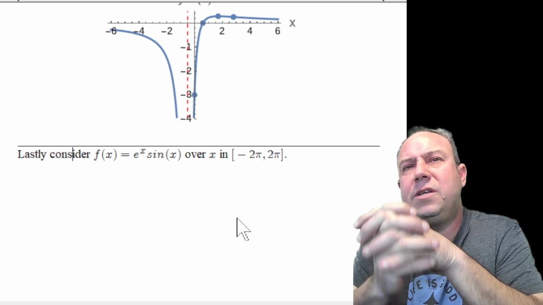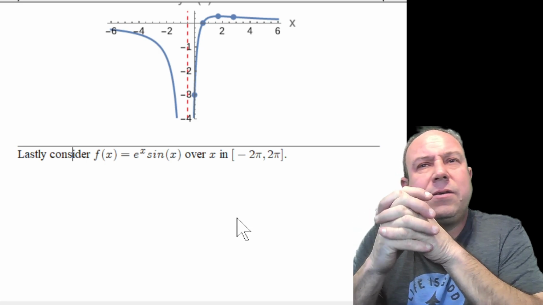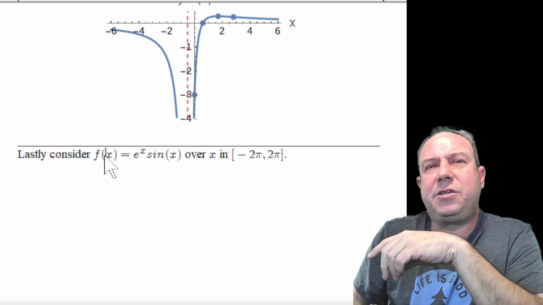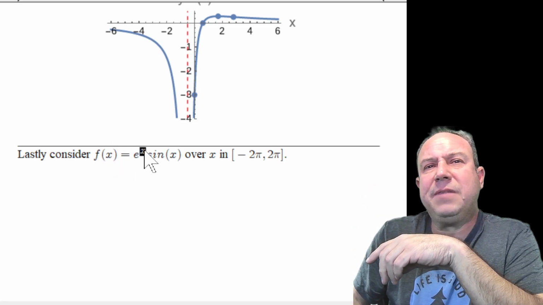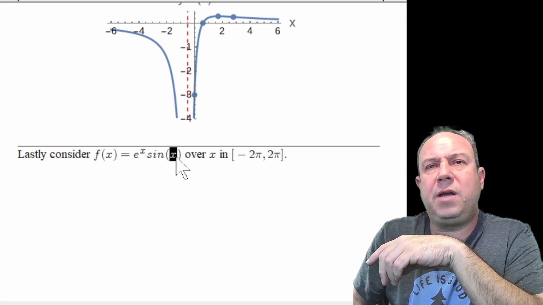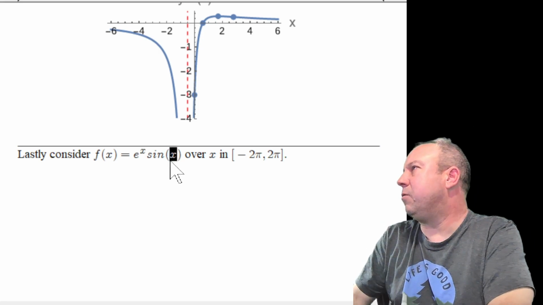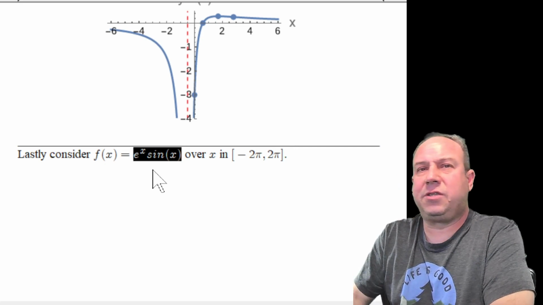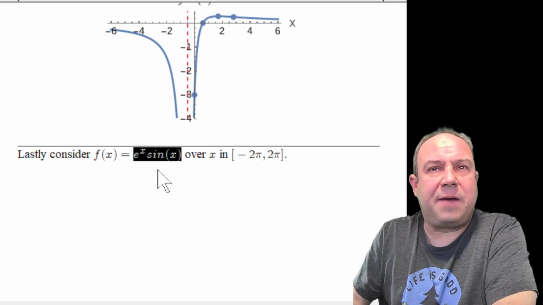And what we'll notice is our y-intercept is going to be at 0, right? When we substitute 0 in for x, e to the 0 power is 1, but sine of 0 is 0. So 0 times 1 would result in 0. 0, 0 is going to be our y-intercept.